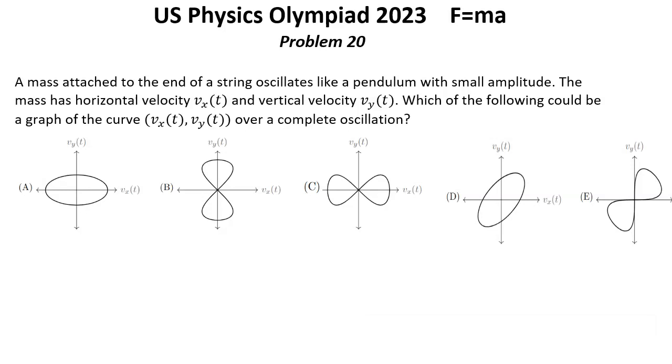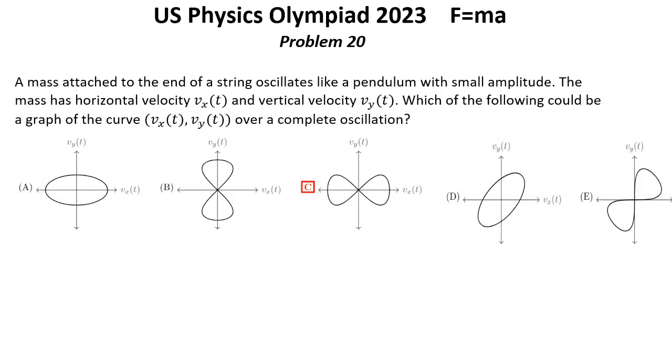Solution for problem number 20. The answer is choice C, because it could be shown by plotting several points. For example, one simple way to rule out the other answers is to note that on a pendulum, Vy hits 0 4 times per cycle.